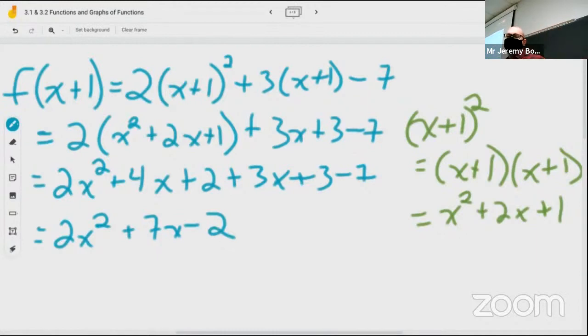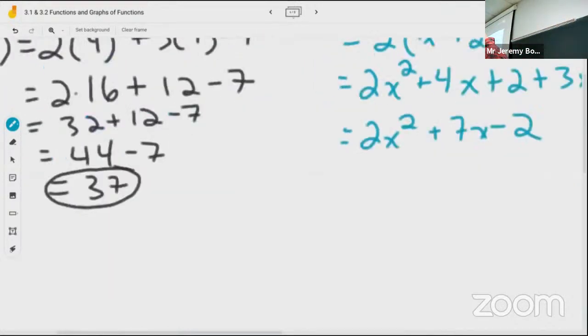So f of x plus 1 is going to be 2x squared plus 7x minus 2. Any questions on that? Nope. So whatever they give you, plug it in, go from there.